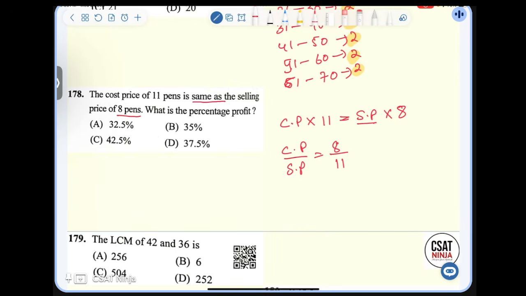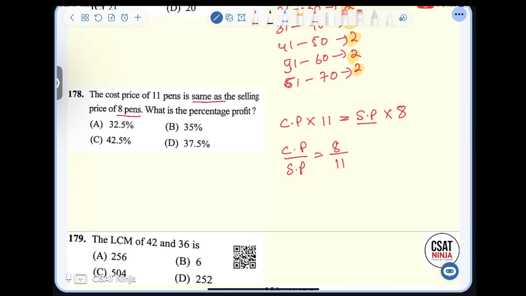In simple terms, cost price is 8 and selling price is 11. What is cost price? Cost price means how much money you have bought the article for, and selling price means how much you are selling it for.